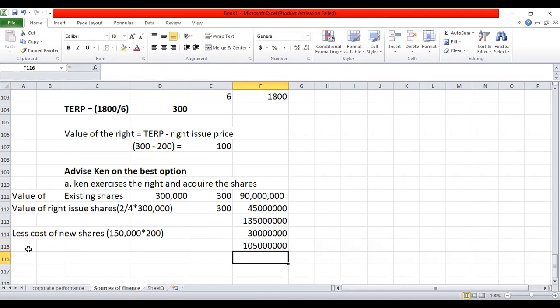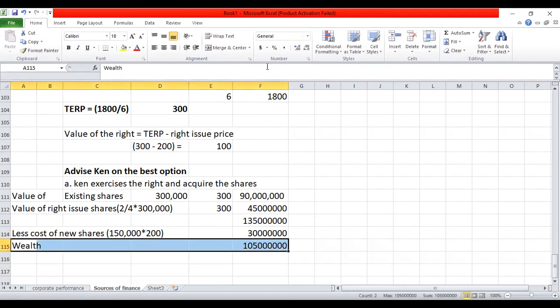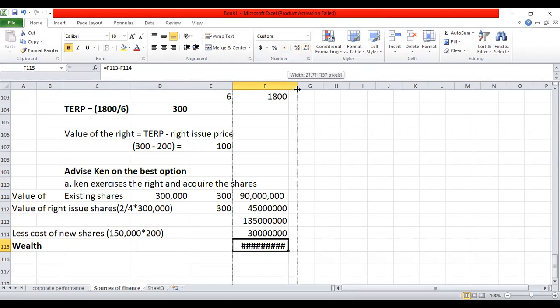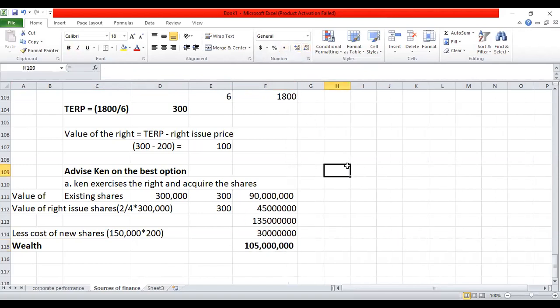So that is going to be his worth. That is the worth in case he exercises the right and buy the shares.